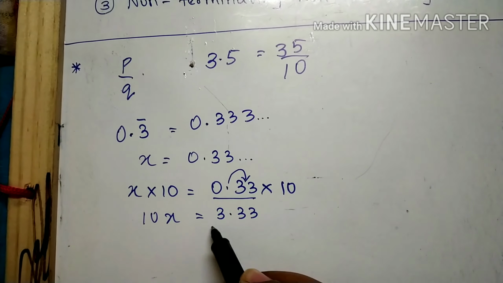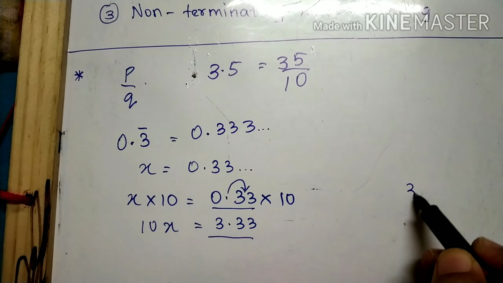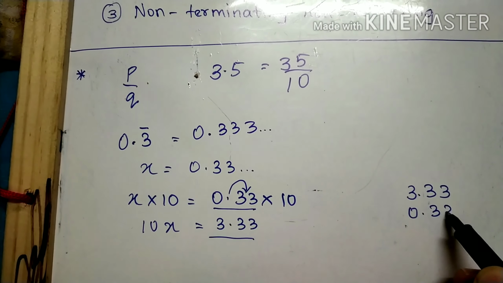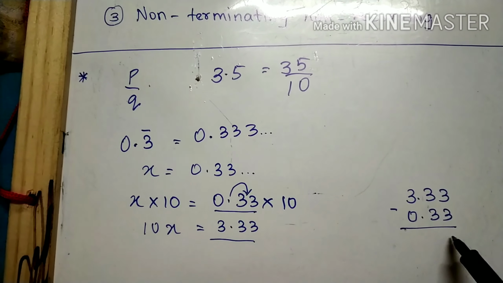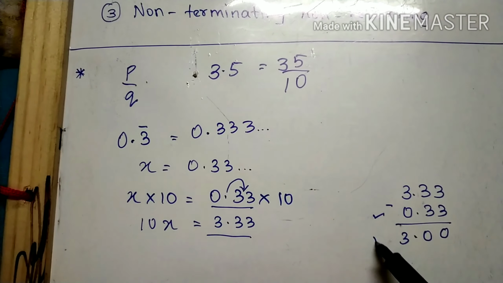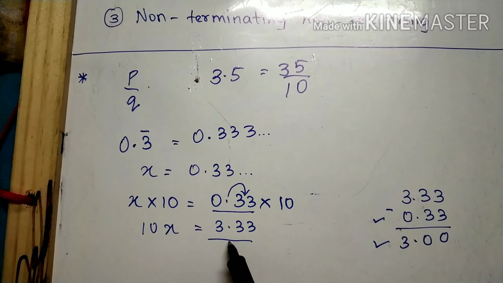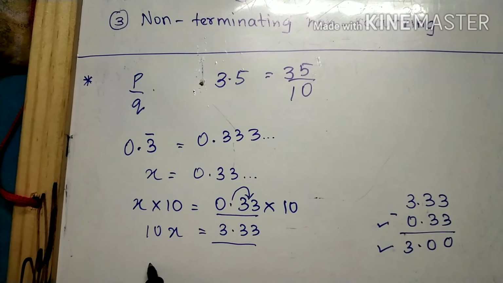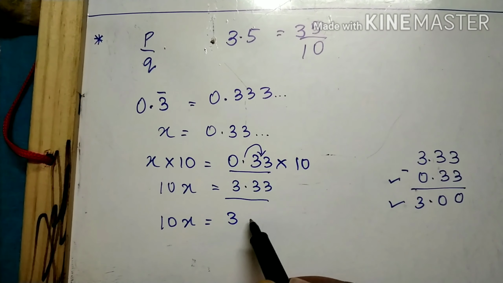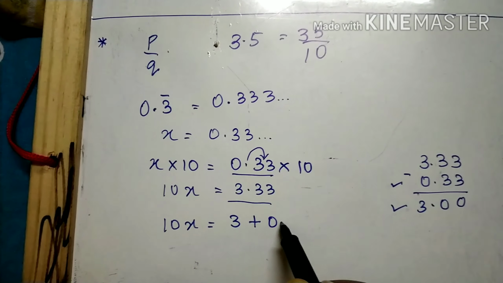Now take these two numbers, 3.33 and 0.33, and subtract. What you get is 0 and 3. Then for the expansion of this number, 10x equal to 3 plus 0.33.